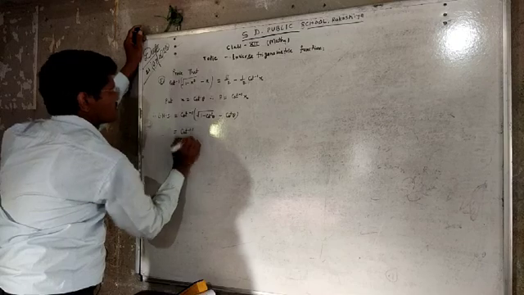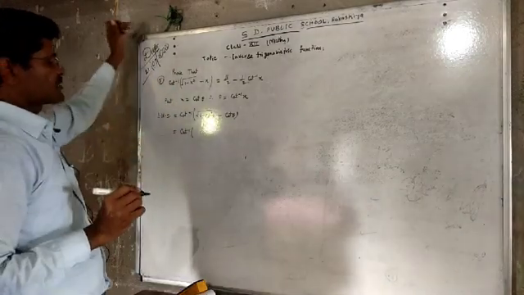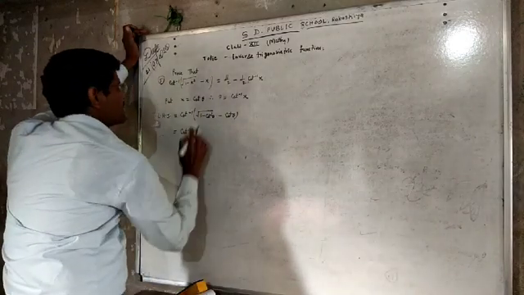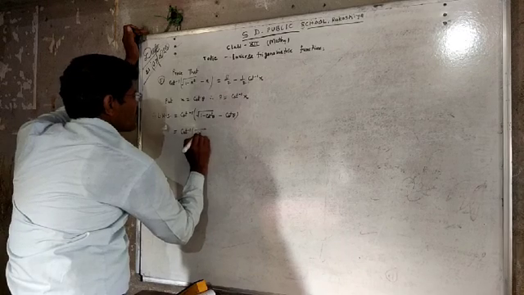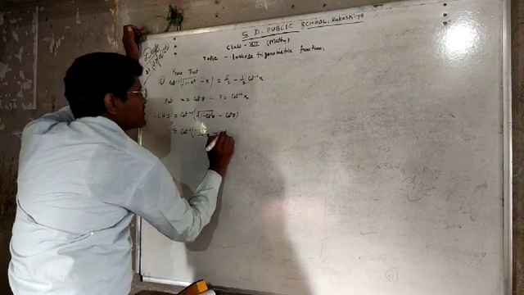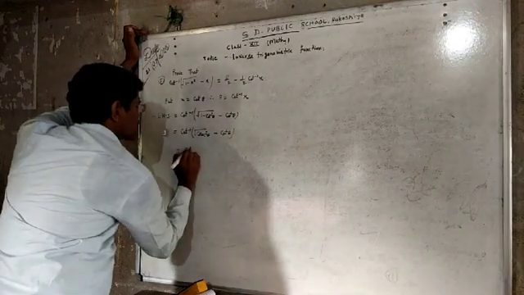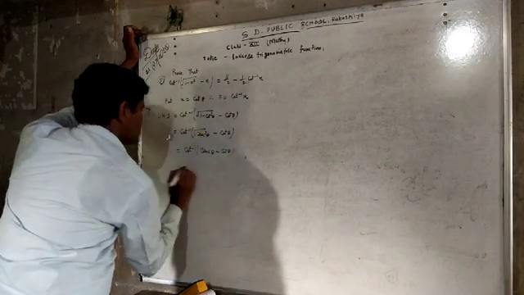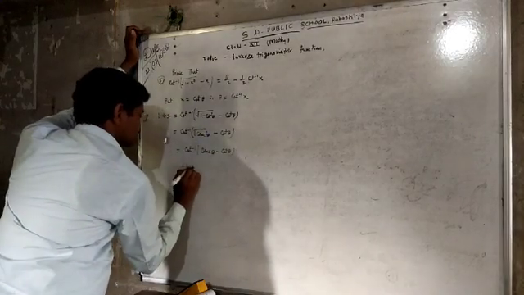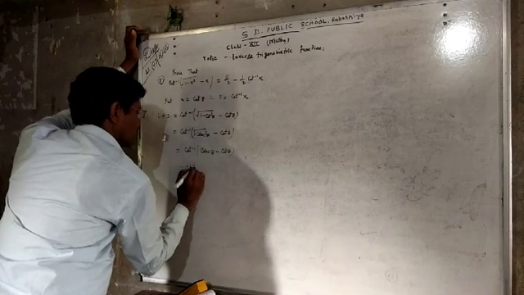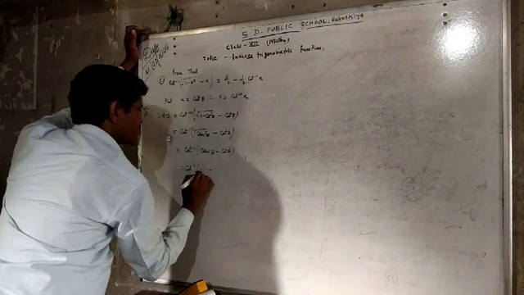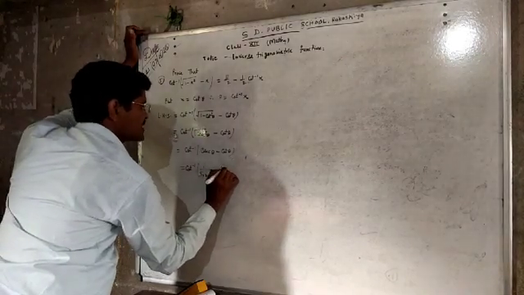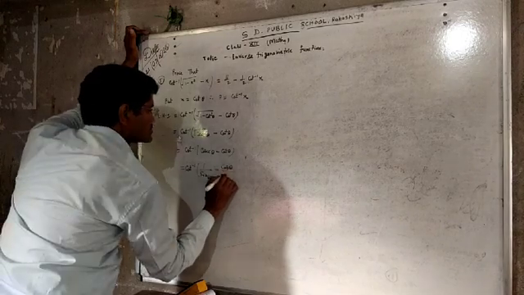Since 1 plus cot square theta is equal to cosec square theta, root under 1 plus cot square theta is root under cosec square theta, which is cosec theta. So it is cot inverse of cosec theta minus cot theta. Cosec theta can be written as 1 by sin theta, and cot theta can be written as cos theta upon sin theta.